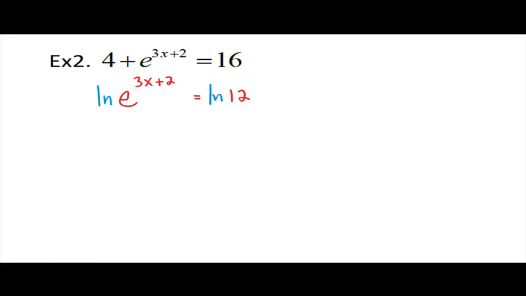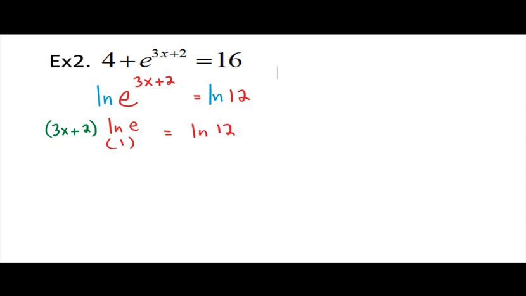When we move the exponent to the front, you're going to end up with 3x plus 2, this is one whole quantity, times natural log e. Natural log e right here, remember this was a special case. This really equals 1. You have to memorize that. This is very important for you to remember.